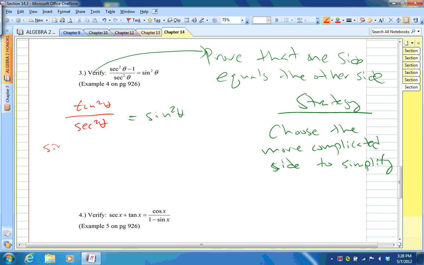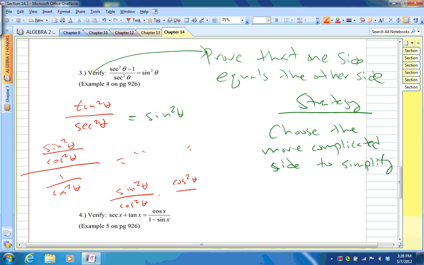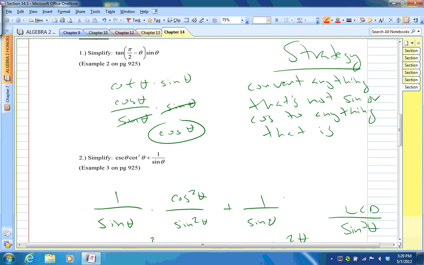Then if I convert everything to sine and cosine, and then flip over the bottom fraction. Remember, when you're dividing by fractions, you always want to flip over the fraction on the bottom. Those cancel, and now we have it verified. So the strategy is to choose the more complicated side to simplify, and then of course the strategy for simplifying is to convert anything that's not sine or cosine to anything that is sine or cosine.